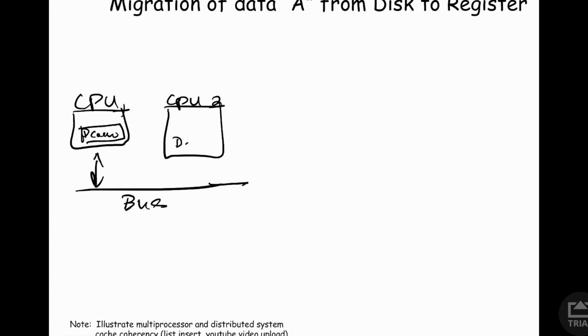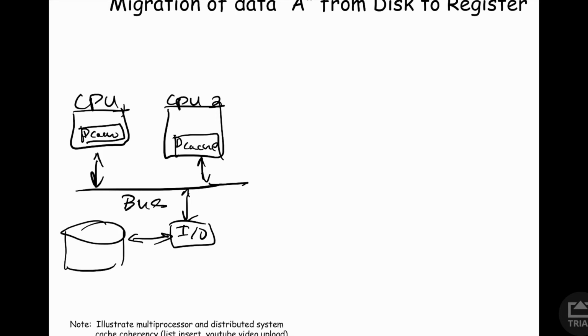And here's the D cache in CPU2. So now, also connected to the bus, we have our I/O controller, and we also have our hard disk hanging off of that I/O controller. So the first thing that happens, let's say you're doing that banking transaction, and here's your account, and you have a certain balance. Let's say it's $1,000.